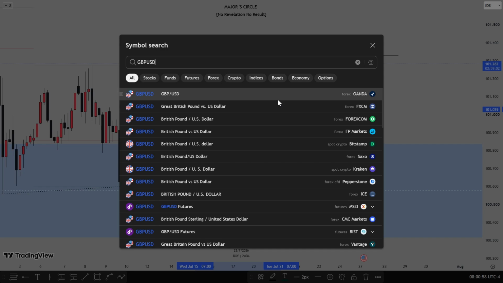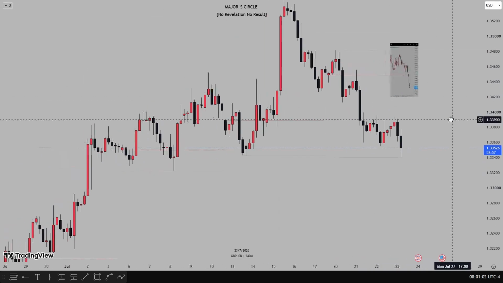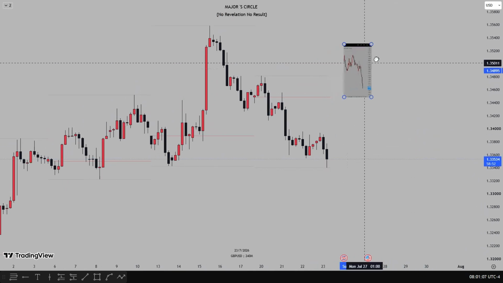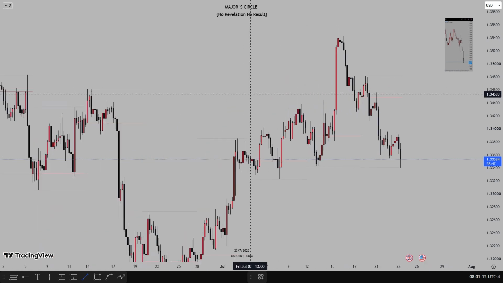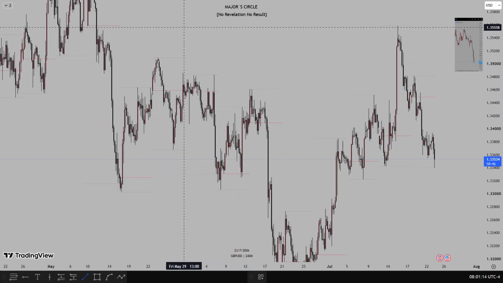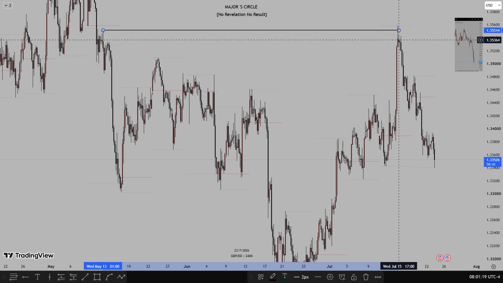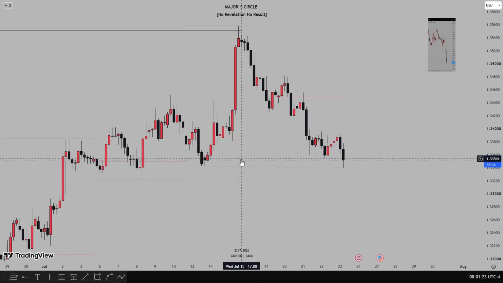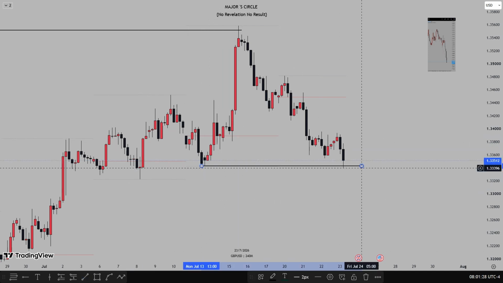the pound pair. So looking at this one, we can see that from the 4 hour time frame, price has been bearish after we took out this pool of liquidity here in the form of buy stops. And now we were coming lower, seeking these pools of sell side liquidity.